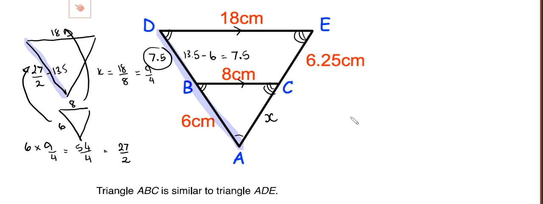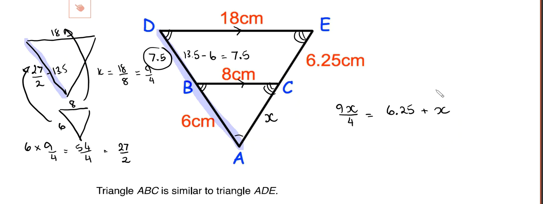Okay, I'm going to now set up an equation which is x times 9 over 4, so 9x divided by 4, is equal to this whole length, which is 6.25 plus x. So I've got to solve an equation.